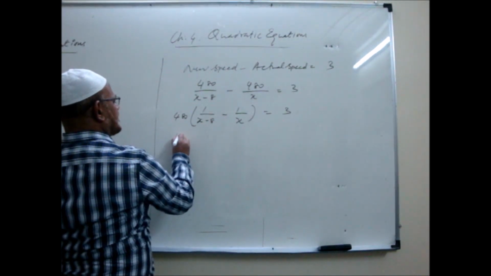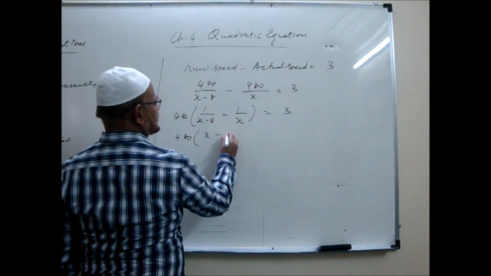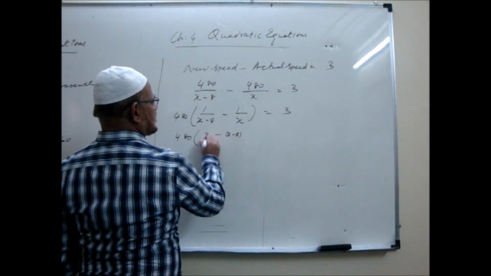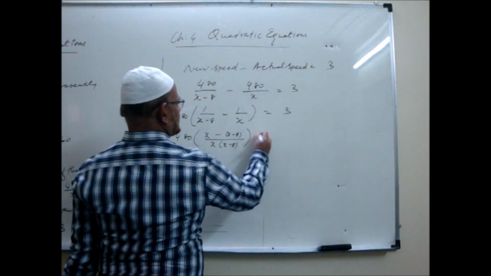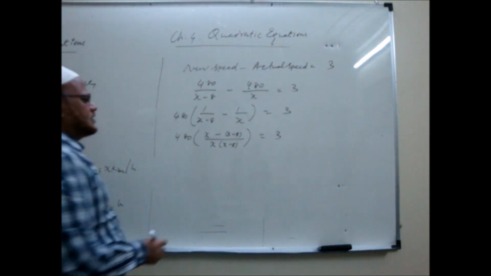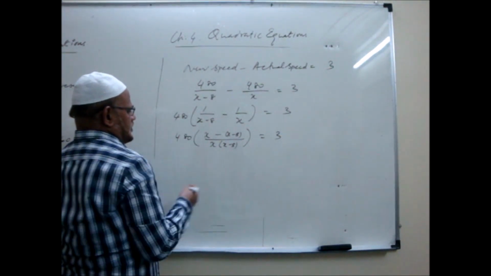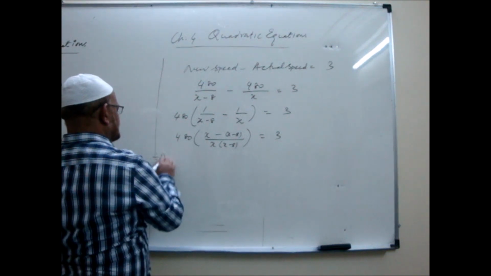Take the LCM: 480 into X minus (X minus 8), divided by X into X minus 8, equals 3. You can transpose, or divide by 3 throughout, whatever. I divide by 3 on both sides.